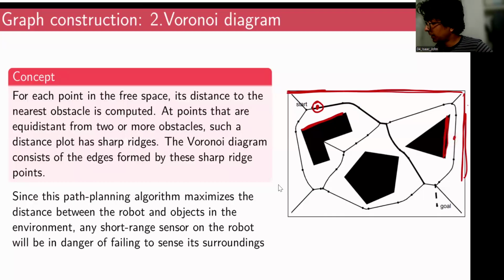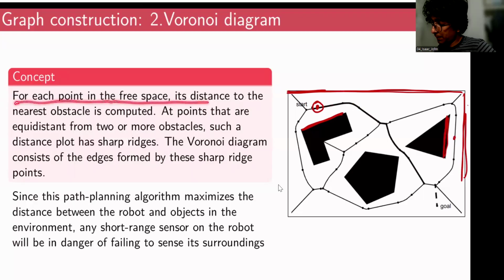It cannot be here, it cannot be here, it cannot be any closer to this obstacle. So with that principle, it basically creates a map that looks something like a ridge, right? A ridge is something like a valley, and in this context, it is equidistant from all the nearby obstacles. So let's see the definition.